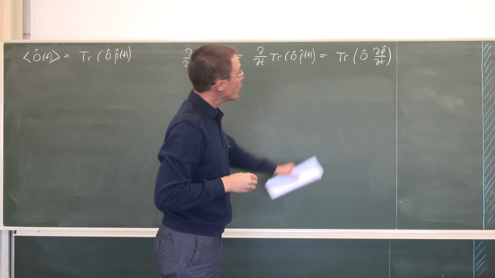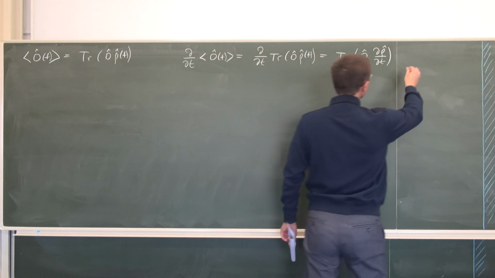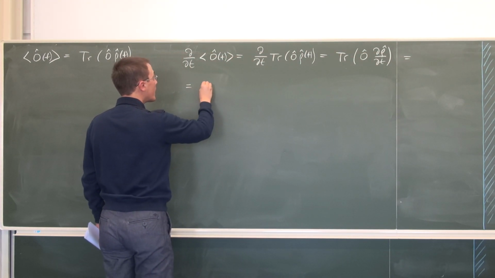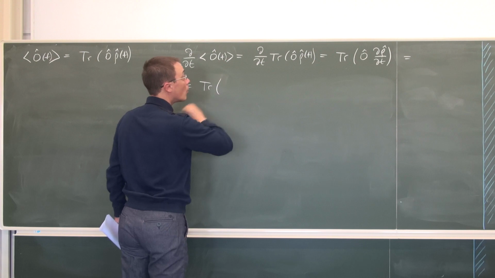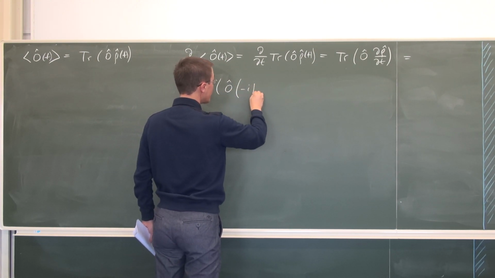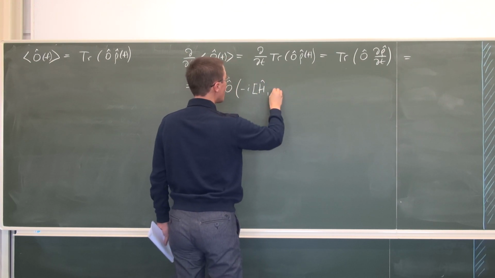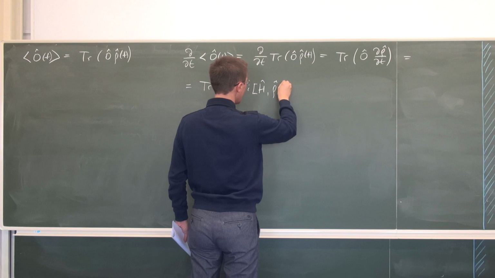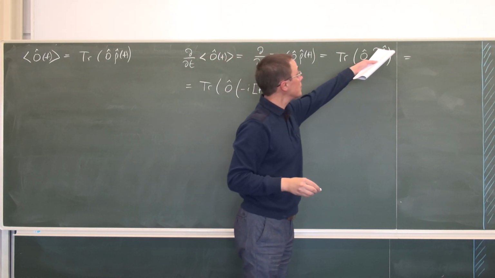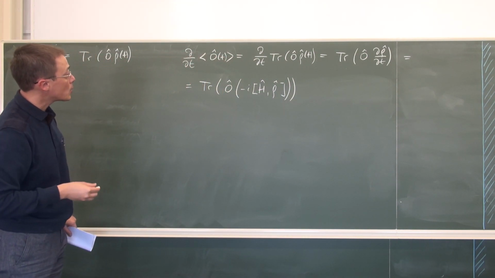Okay, but of course we know what d rho by dt is from von Neumann's equation, so why don't we substitute that there? So it will be a trace of O times minus i, H commutator with rho. So what I simply did here was to replace the derivative with the right-hand side of the von Neumann's equation.